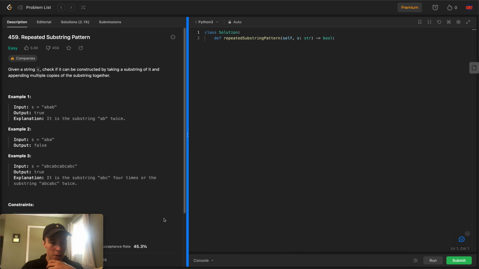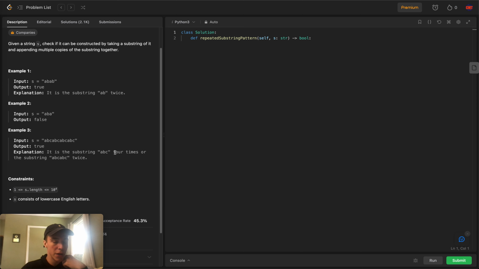I think it's pretty self-explanatory, and the examples here are also pretty vivid. We have a string ABAB, and we can see that we can take the AB substring twice to get the whole string. Example 2, we're given a string ABA.